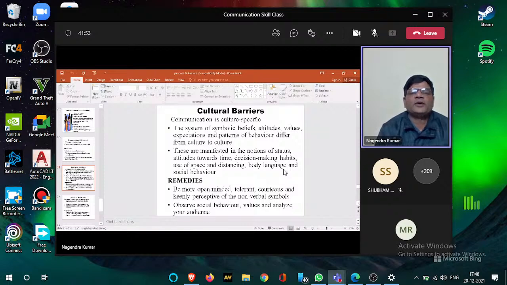So if in a particular culture, white stands for chastity and purity, and black is associated with evil, people will remember these connotations. If you look at different religions, you will know that certain colors are associated with something. I'm just giving one example. So the system of symbolic beliefs and attitudes of a black American, what is true of an Indian?